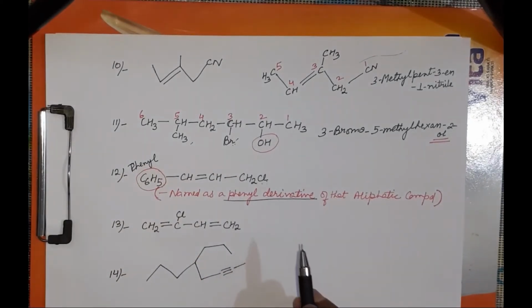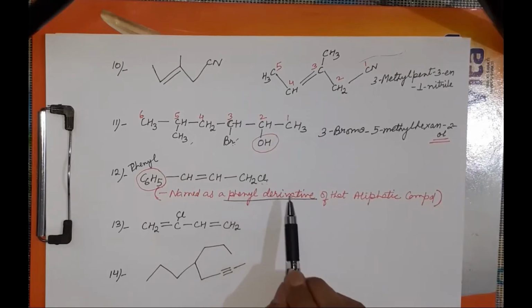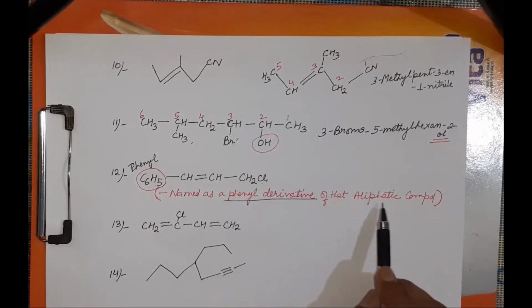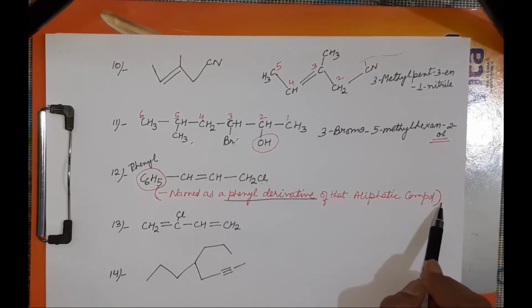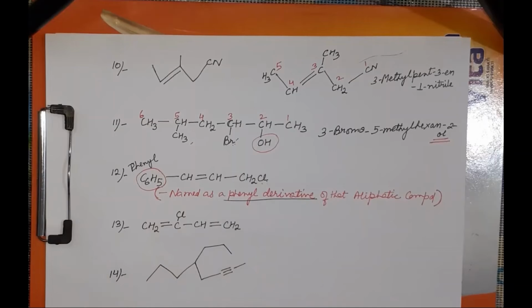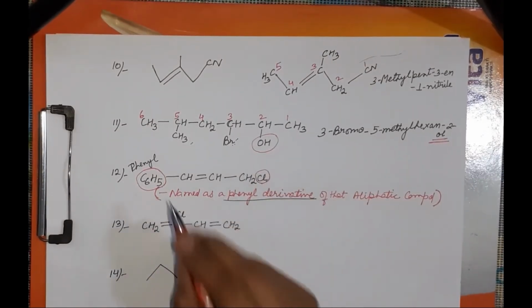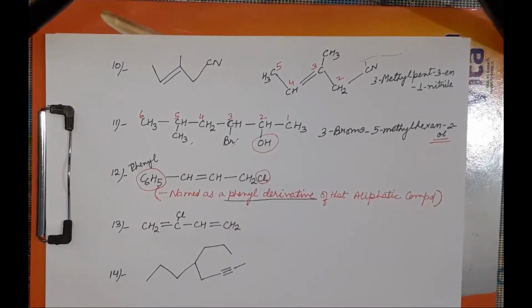So while giving the IUPAC name, it is named as a phenyl derivative of that aliphatic compound. So both of these are substituents. Cl and phenyl both are the substituents.